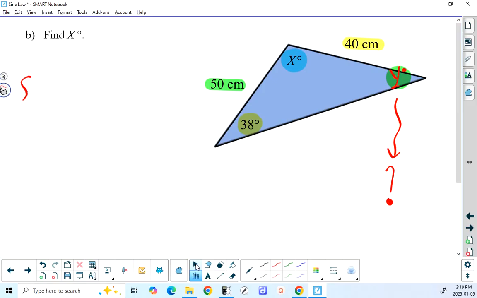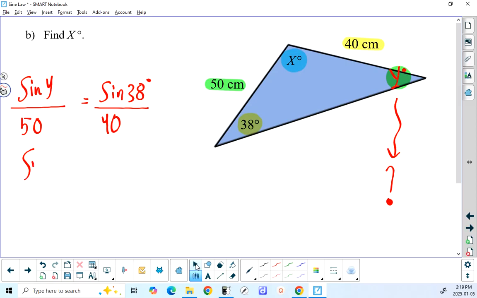So I can write sine of angle Y over 50, because 50 centimeters is across from angle Y, equals sine of 38 over 40, which means that sine of angle Y will be equal to 50 sine of 38 over 40.